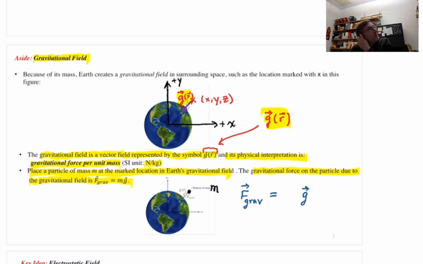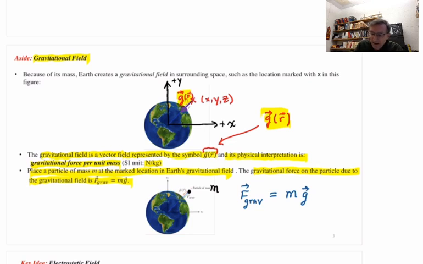Remember little g arrow, gravitational field, is gravitational force per unit mass at a given location. So to get the gravitational force on your pet particle at that point, multiply g by the mass of your particle. If g is in Newton per kilogram, multiply by something with units of kilograms, and you've got a force. So if you know the gravitational field g arrow at any point, and then somebody comes along with their favorite pet particle and puts it there and tells you the mass of their pet particle, m, then m times g is the gravitational force that that pet particle will experience.